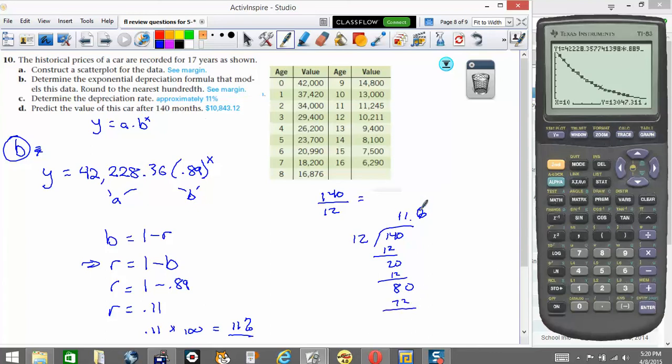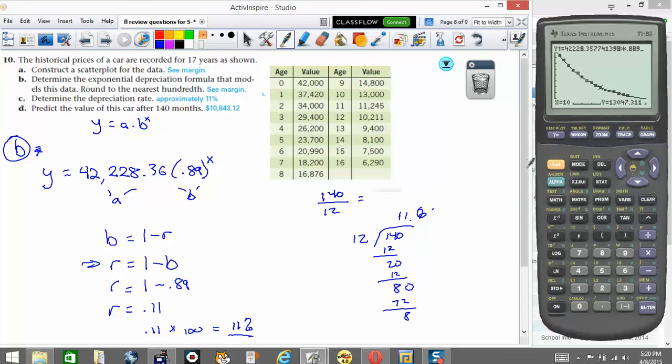Oh wait, can I go 7? No, 7 times 12 is 84. That won't work. 6 times 12 is 72. 10 minus 2 is 8. Okay. So 11 and 2/3 years, right?